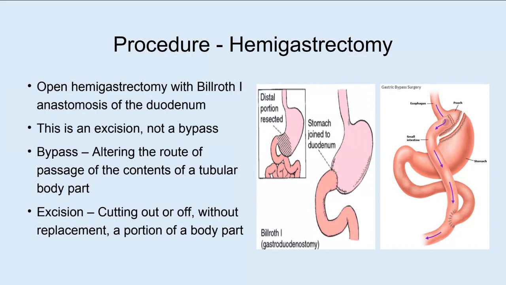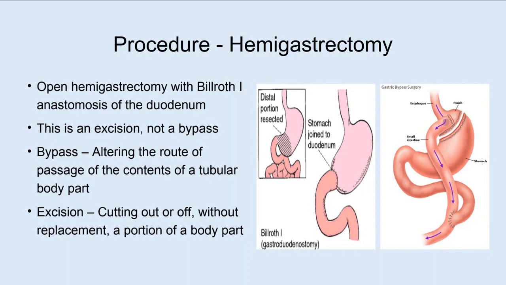Bypass: altering the route of passage of the contents of a tubular body part. On the picture on the right, you can see the purple arrows. That's avoiding all of this stomach part. So it's changing the flow, okay?